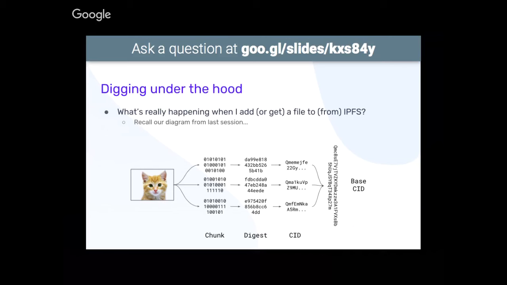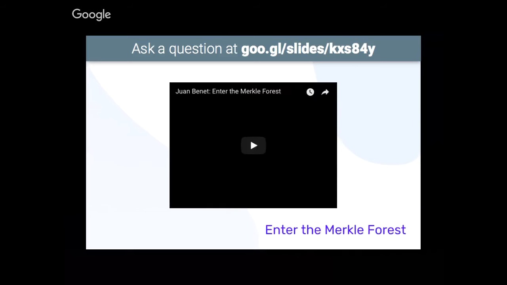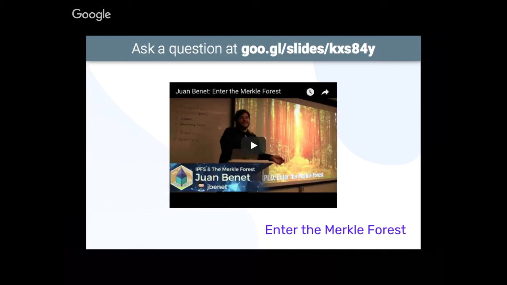This data structure is a representation of that particular file on IPFS, and it's basically something called a Merkle DAG, or a Merkle directed acyclic graph. You can see how this is essentially a graph where we've got 3 links that are connected to a node on that graph. There are lots of different videos and explanations of Merkle DAGs out there.